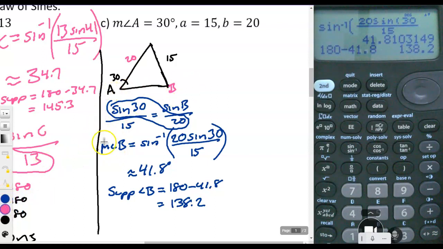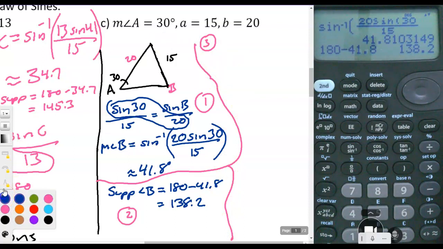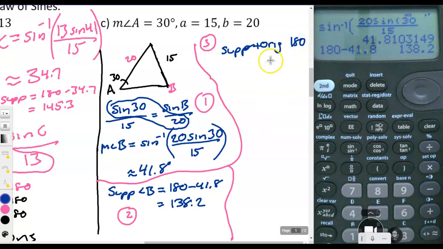So I did part 1. Part 1. Part 2. Part 3. So you do the supplement plus the original, and you're trying to see its relationship with 180.